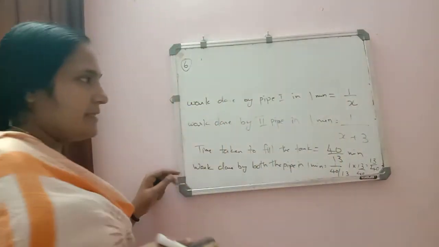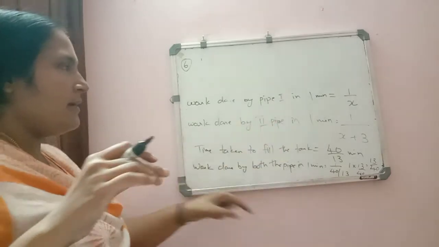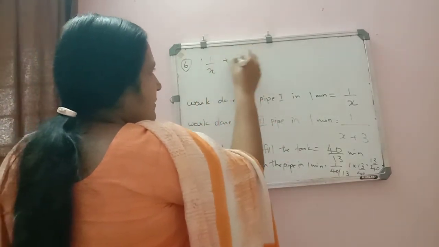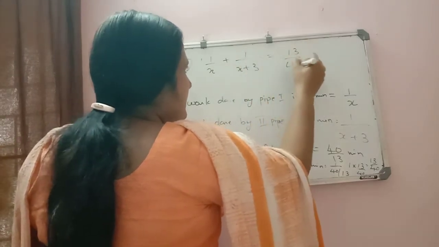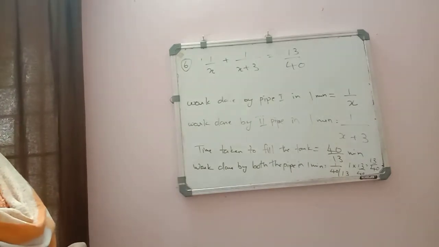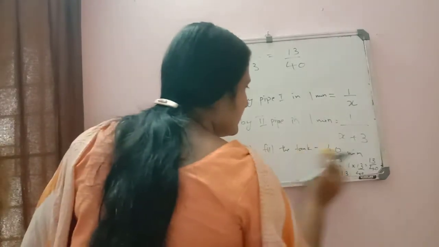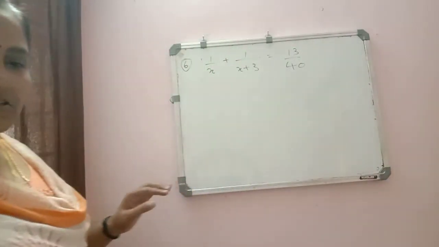Now we will frame the equation. Together they are filling the tank in 40 by 13 minutes. So work done by them in 1 minute we wrote there. So 1 by x plus 1 by x plus 3 is equal to 13 by 40. Since it is the first question, that's why I explained in detail there. Afterwards we can write directly also. Now we'll simplify it. Cross multiplication.